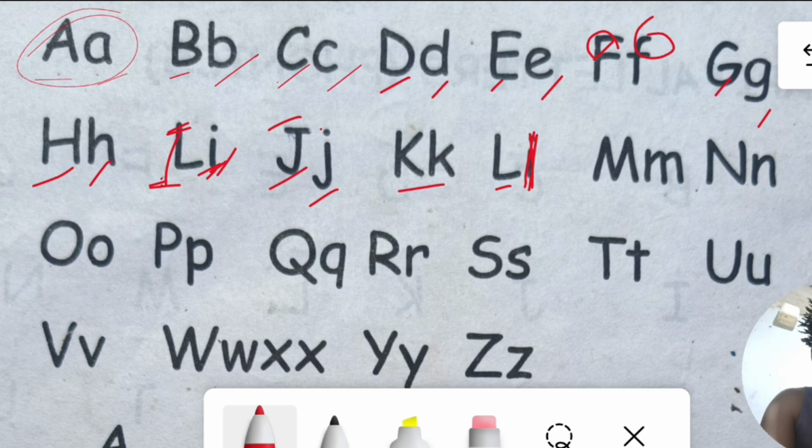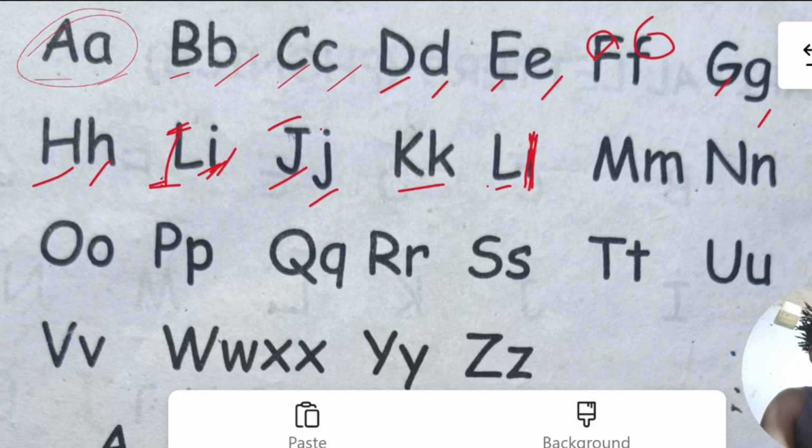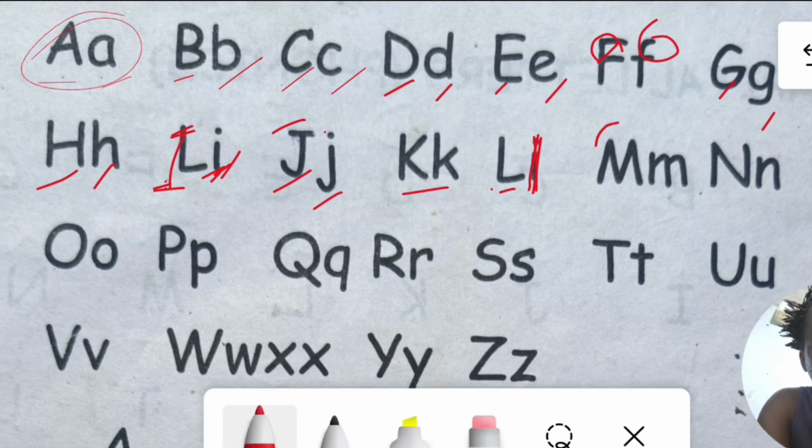This is a small l, and this one is correct. And then M, capital M has a sharp edge here, but small m is curved. You can see the edges here are curved.